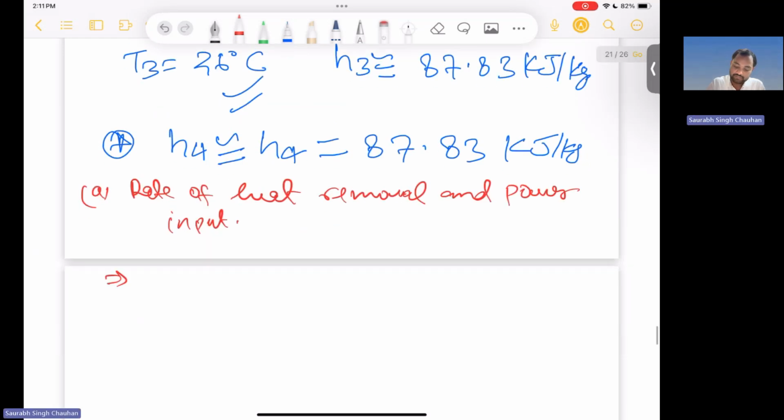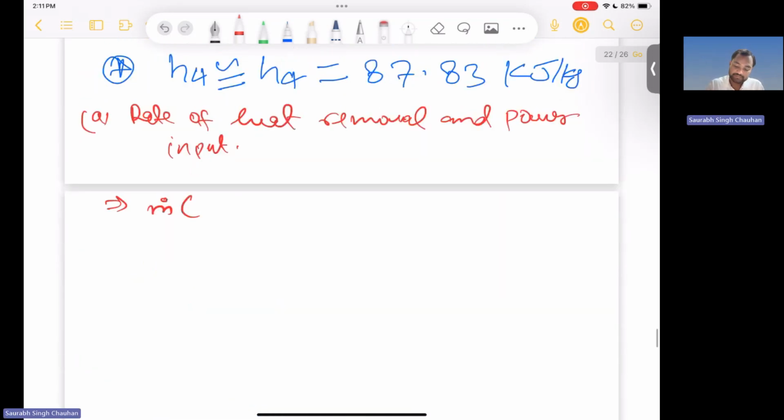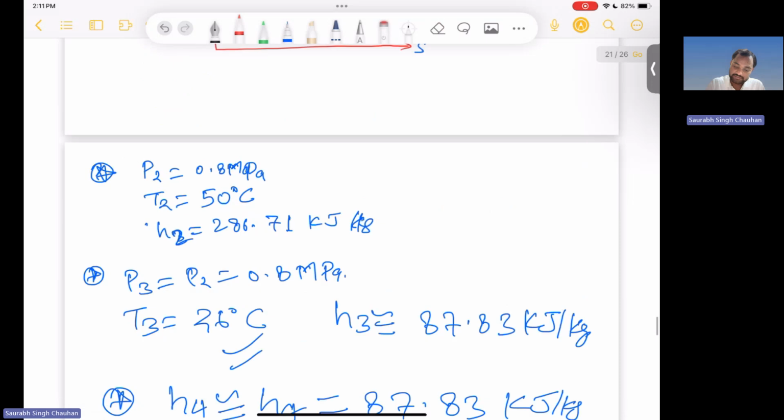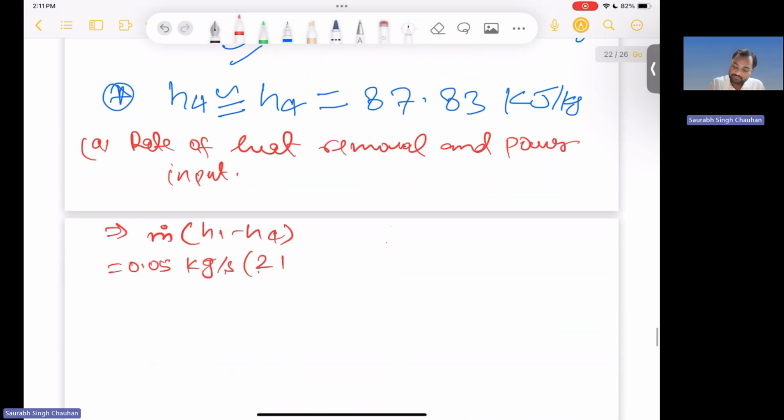The rate of heat removal will be equal to m dot times (h1 minus h4), which is 0.05 kg per second times (246.37 minus 87.83) kilojoule per kg.